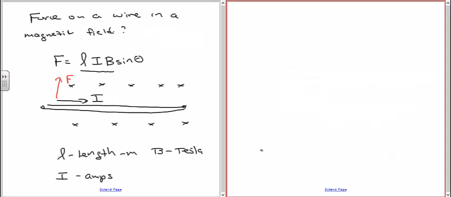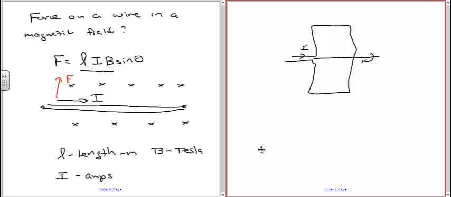And if you take a current and you create a loop of some kind, it doesn't have to be square, the current goes in here and then goes around the loop, and this thing is rotating around some axis.